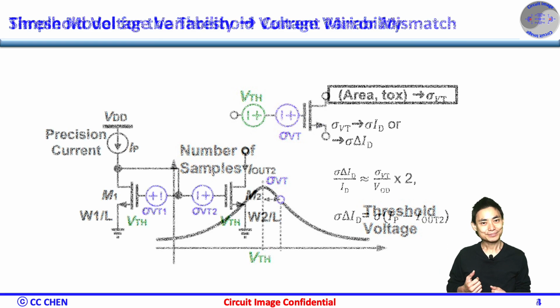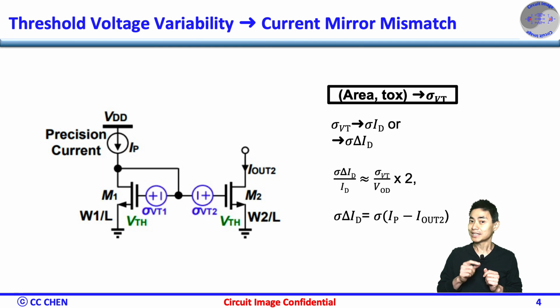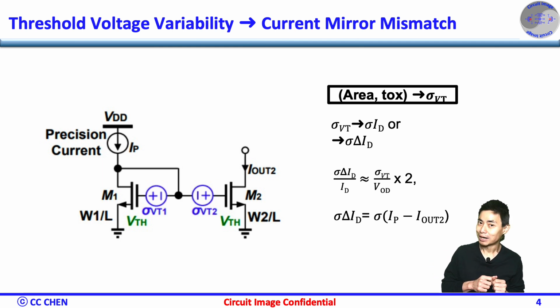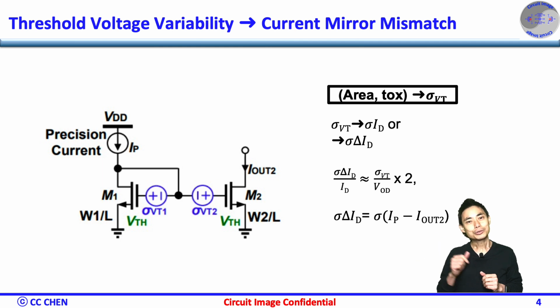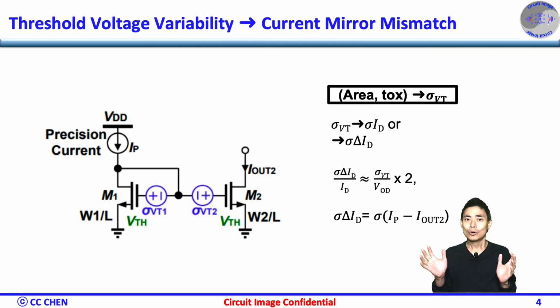Let's start. To be clear, the current mismatch could come from several factors we mentioned, but we are referring to the threshold voltage variability impact on the current mismatch for now. For example, we could determine the values of sigma Vt1 and sigma Vt2 given by area and technology easily. Then, in the design exercise, for a given sigma Vt, you should know what the current variability in RMS value is.